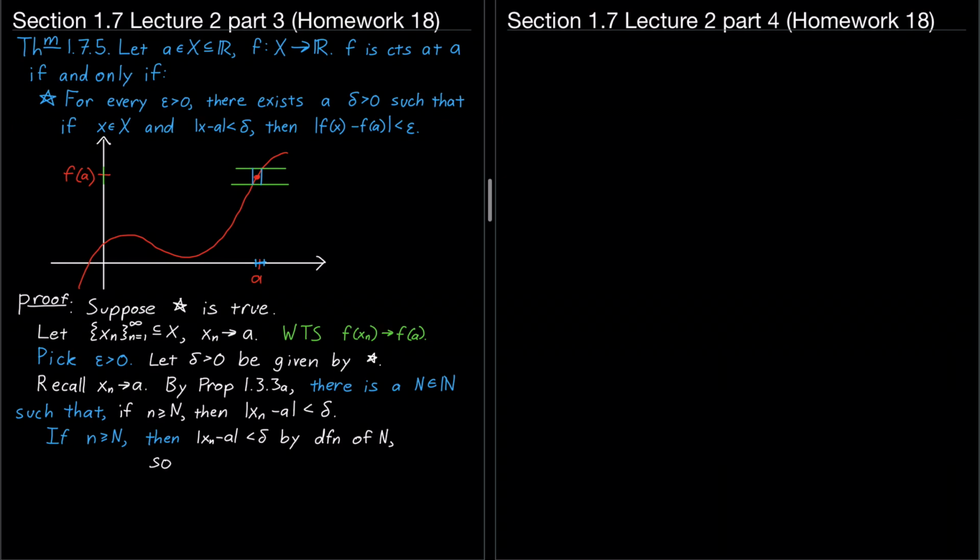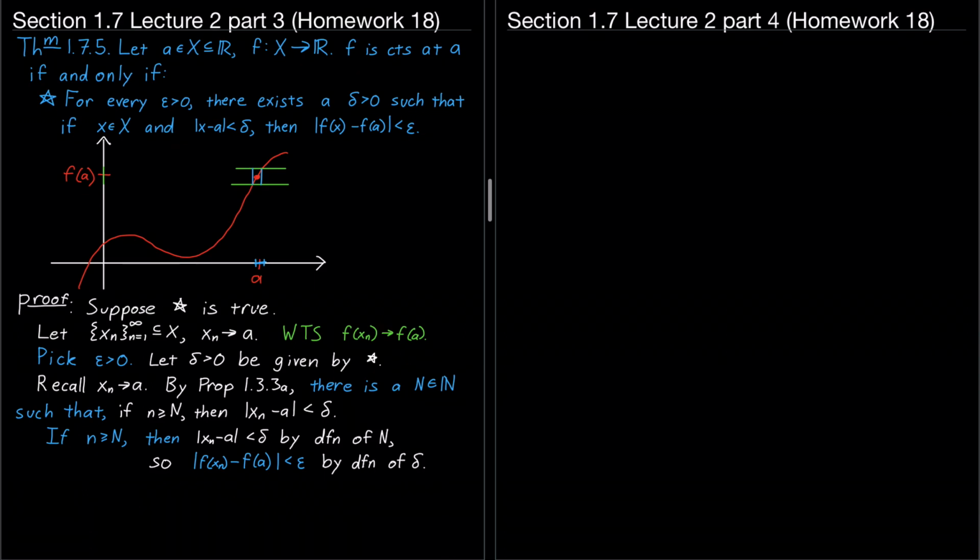But we know that if x minus a is less than delta, we have that f of xn minus f of a is less than epsilon, and that's by definition of delta, and that's our condition star.